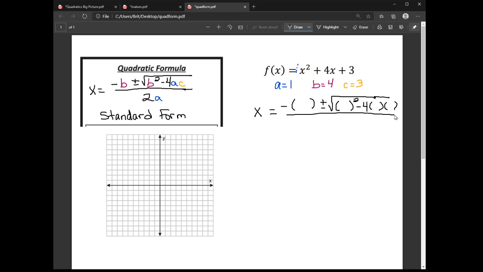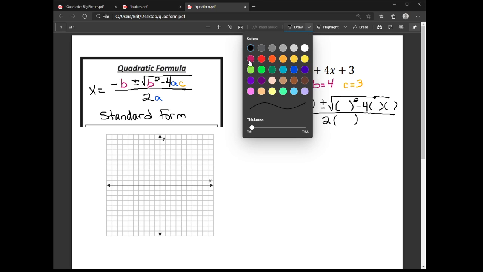Now the quadratic formula is kind of like a sledgehammer. Okay, it will find the answers to any quadratic equation that you have. It'll find the real answers, it'll find the imaginary answers. But that being said, the quadratic formula is a little bit of work.